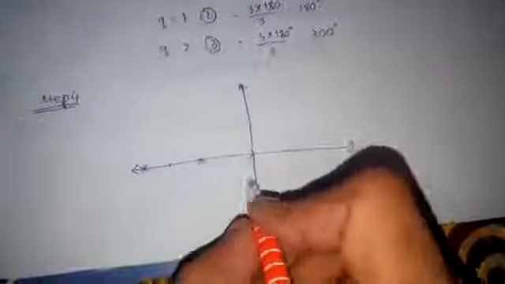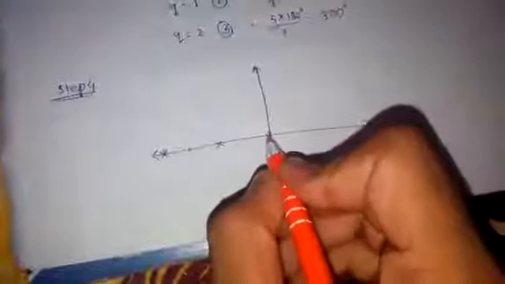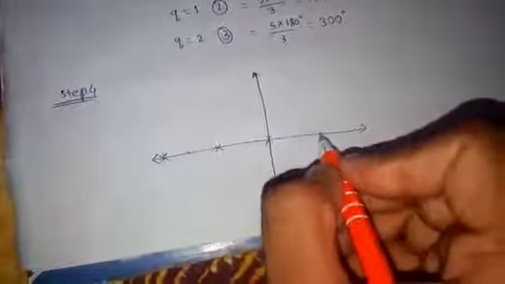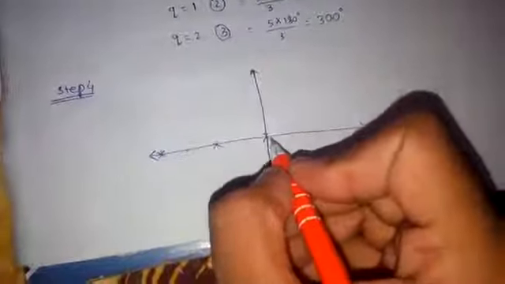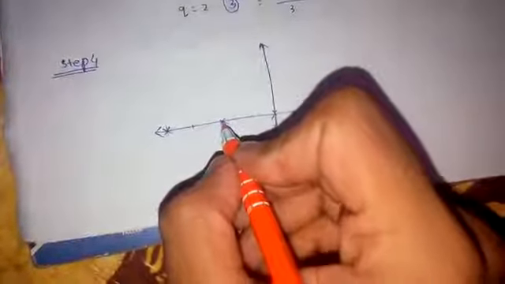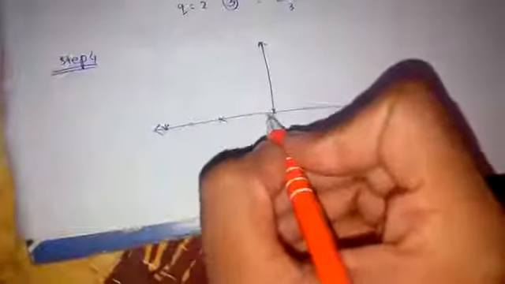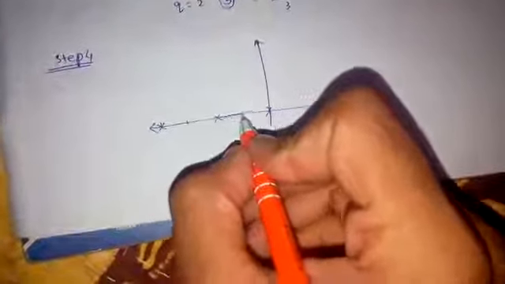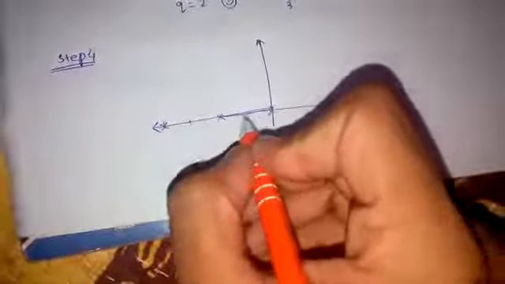Now we have to find the root locus. On the right-hand side of the s-plane there are no poles or zeros, so there will be no root locus. We move on to the next pole. From there you can see there is only one pole, an odd number of poles, so there will be a root locus in between.